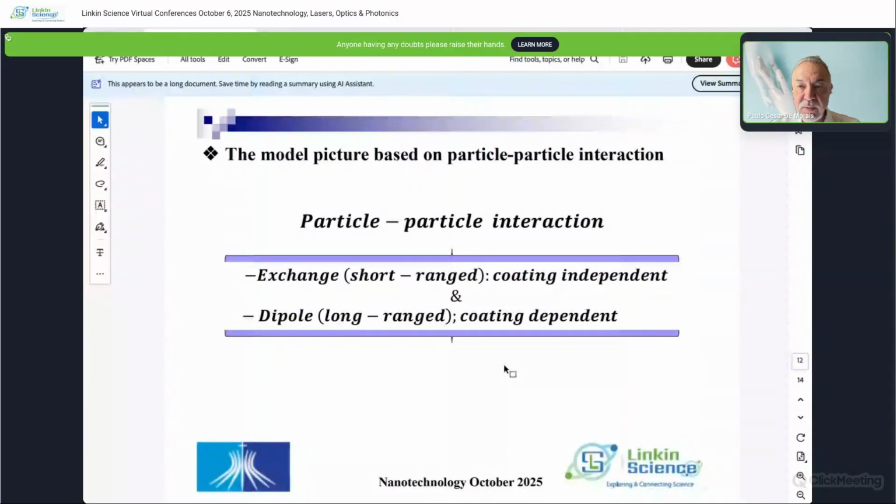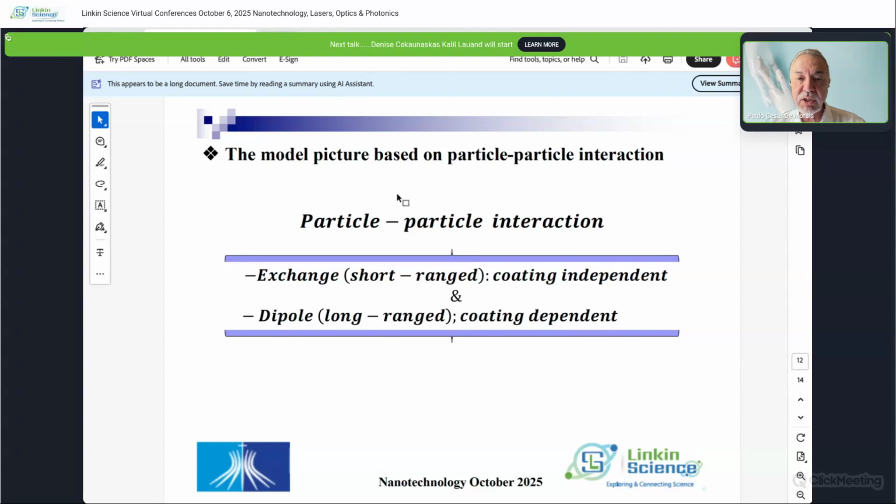So now we want to step further to try to understand the data. When we try to understand why the magnetic properties change monotonically when you change the thickness of the surface coating, we need to look at particle-particle interaction. In the particle-particle interaction approach, you have 2 important contributions.